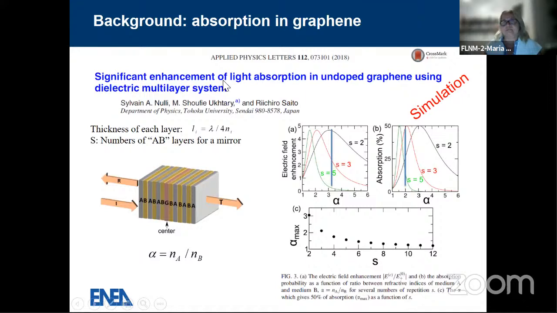This recent work shows a simulated absorption of maximum 50% in a multi-layer stack in a Fabry-Perot filter, as a function of the number of layers of the cavity and of the layer material, defined by the refractive index ratio.